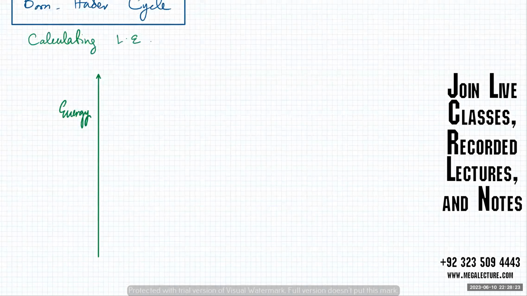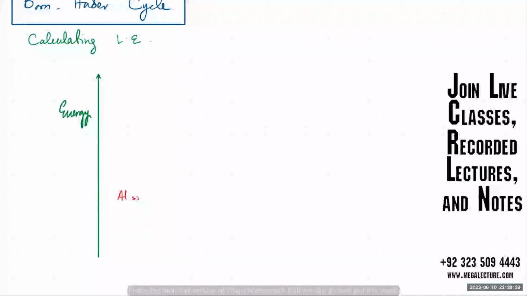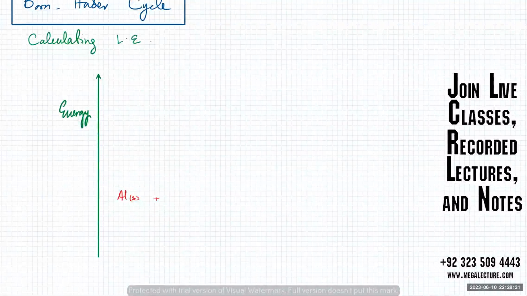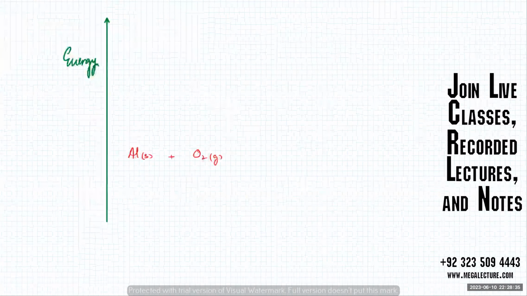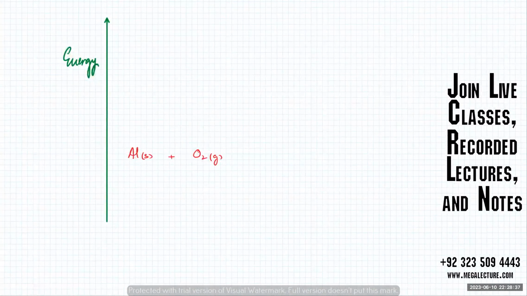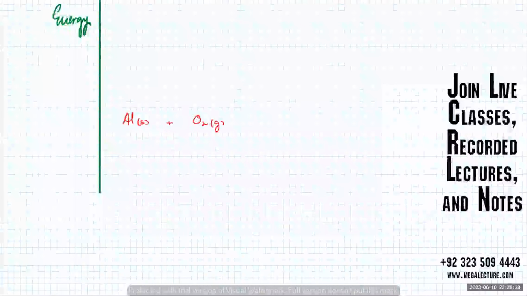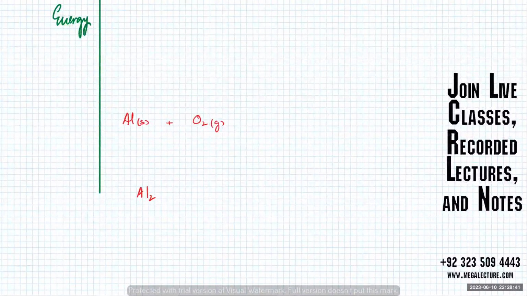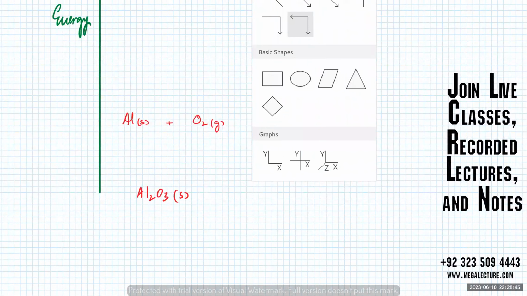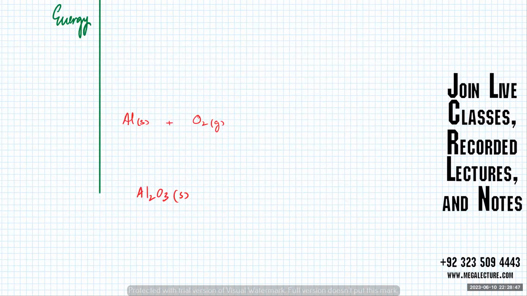Anyways, enthalpy of formation is what? It's from elements. So aluminum solid plus oxygen gas, and together they're forming aluminum oxide, which is exothermic. So the arrow goes downwards. So I'm going to make an arrow heading downwards.